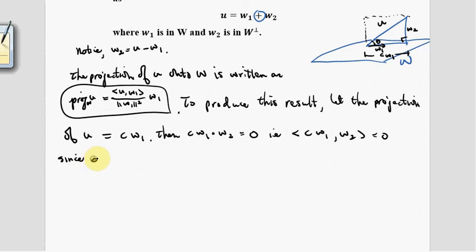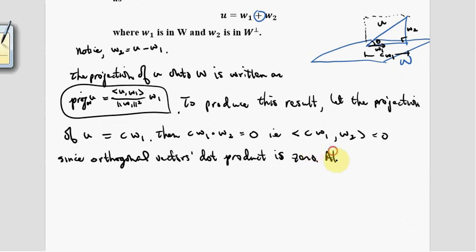Since orthogonal vectors' dot product is 0.